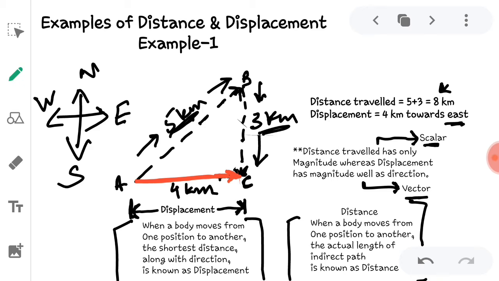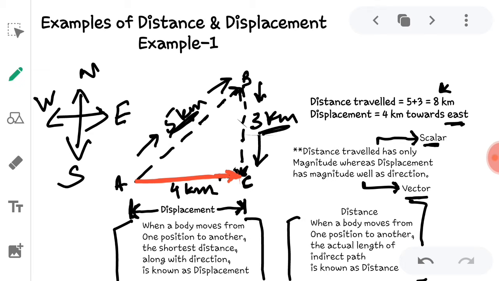That is also called the shortest path, and hence it is called displacement. You can see it clearly: the change here is 4 kilometers towards east. So displacement has direction as well as magnitude: magnitude 4 kilometers and direction towards east.